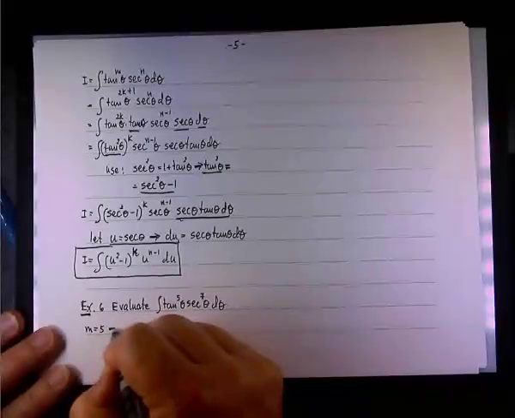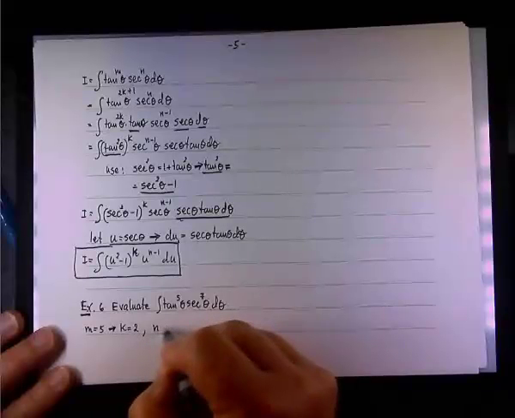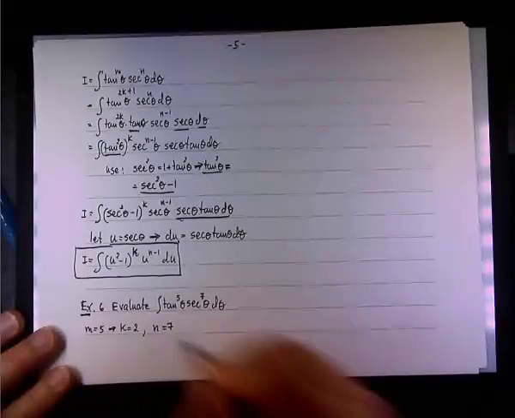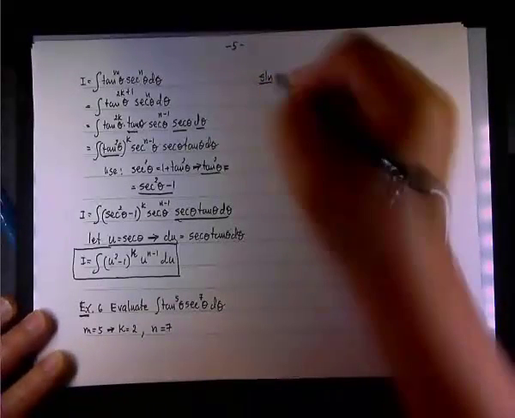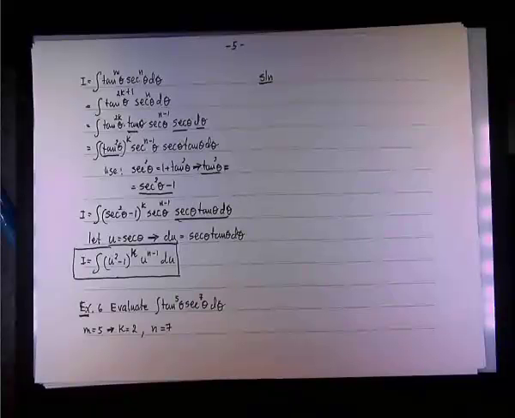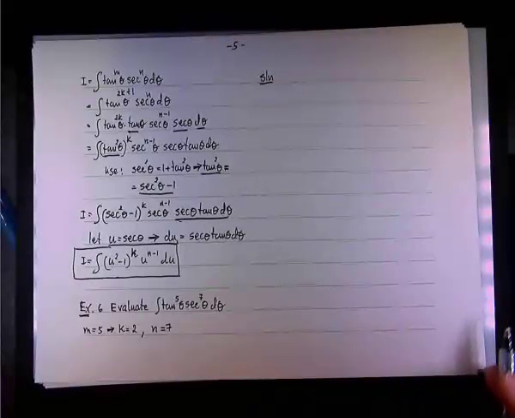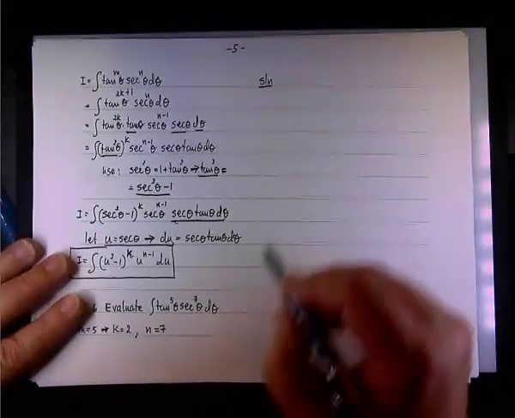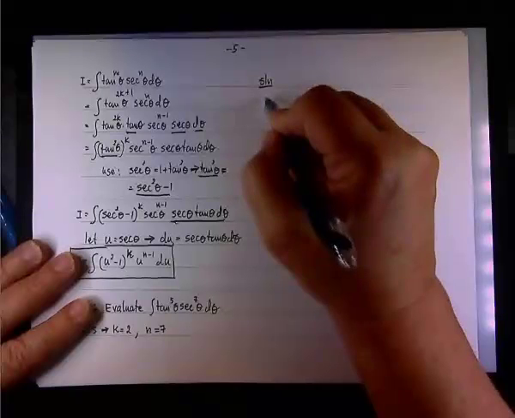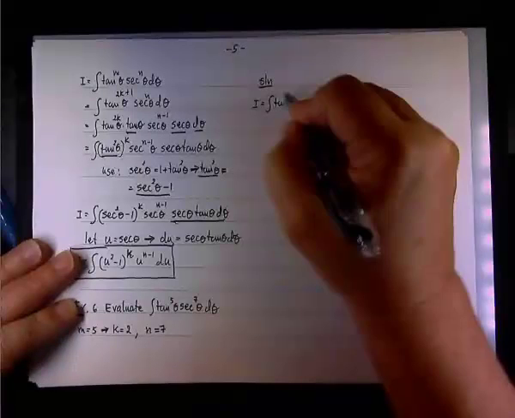Now, if you want to use the recipe, then you need to recognize that m equals 5, therefore k equals 2, and n equals 7. Okay, but as before, I go with Byron here, who said, no, let's go ahead and develop it. Actually, in my notes, I used the recipe, but I want to emphasize the other method.